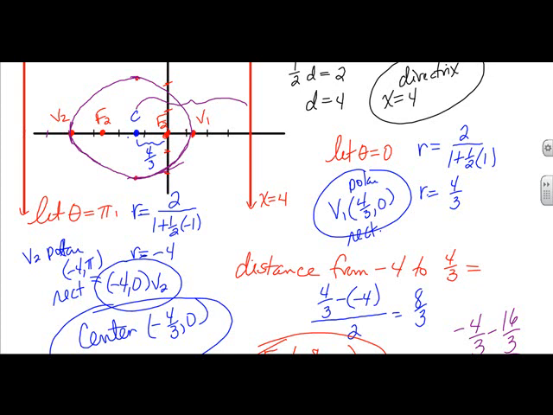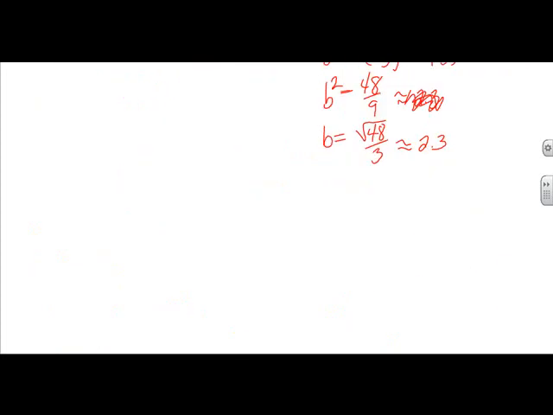Alright, so next example. Given you the equation r is equal to 1 over 2 minus 2 sine theta. Again, you want to start by dividing all the terms of your equation by 2.